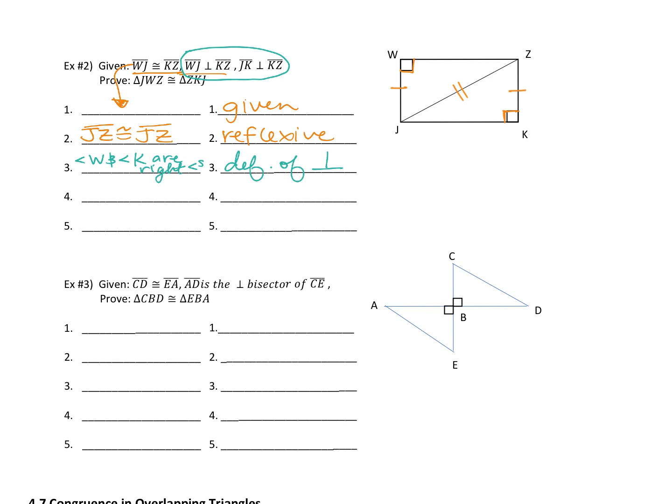So your next step is to say triangle JWZ and triangle ZKJ are right triangles. Okay, now here's my question. How do you know they're right triangles? It doesn't say they're right triangles. I mean, we're proving they are. I mean, how do you know those two triangles are right triangles?